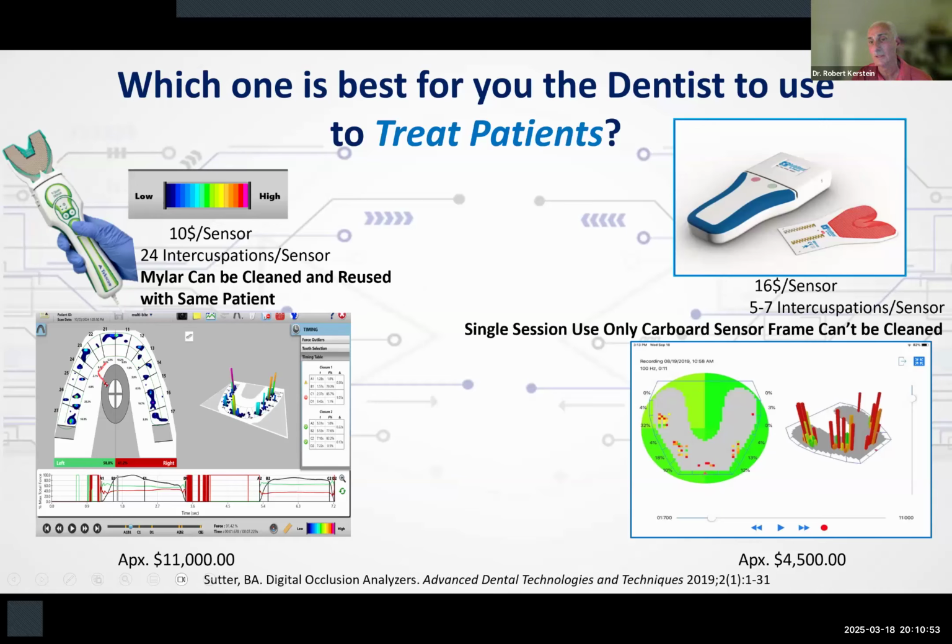He found repeatedly that the OcluSense sensors didn't hold up well, and they had to be changed because when you have a broken electronic sensor, as these types of sensors are, you get a corrupted output, and you get basically a break in the circuitry. The other thing about OcluSense sensors is they can't be reused because they're surrounded by cardboard, and of course the ink smears off once you start biting on it. But the cardboard can't be sterilized, it can't be alcoholed off, it can't be reused. So these have a much shorter lifespan.